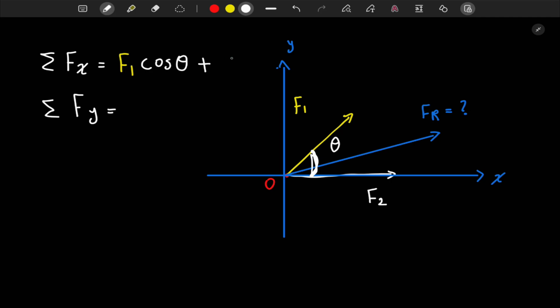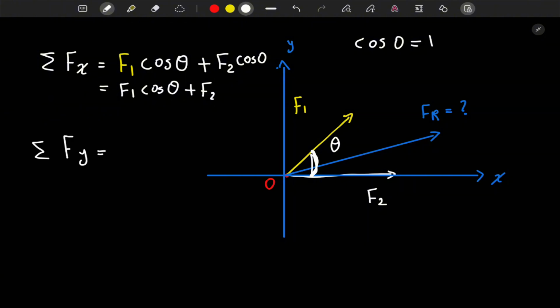So we're just going to assume that F2 multiplied by cosine 0, the angle 0, because there is no angle between the force F2 and the x-axis. So this will simplify to F1 cosine theta plus F2, because we know that cosine 0 is 1.